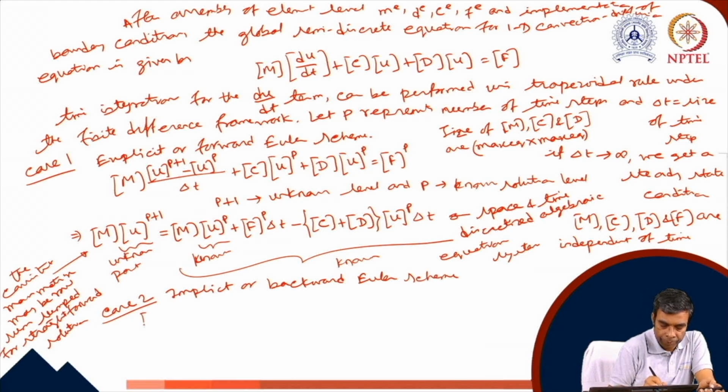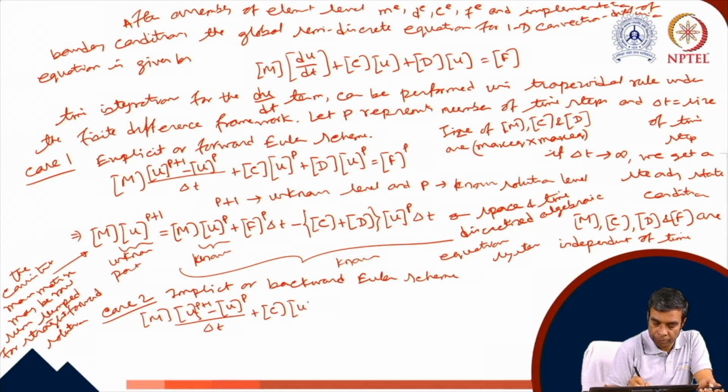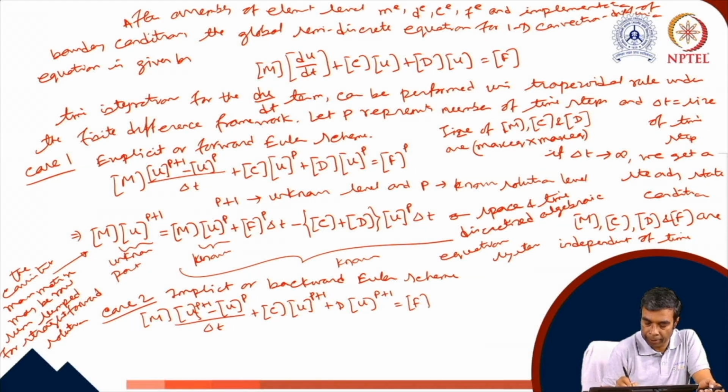So here we have M times u at p plus 1 minus u at pth level by delta t, plus C into u at p plus 1th level plus D into u at p plus 1th level equals F at p plus 1th level.